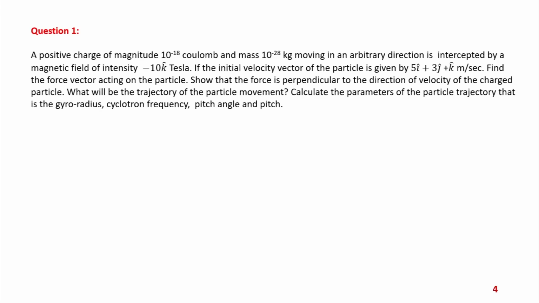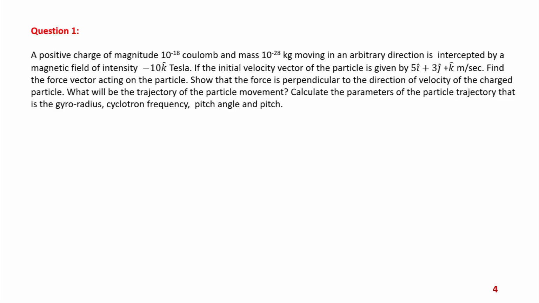The first topic, if you remember, that we started with is the motion of a charged particle in a uniform magnetic field. As you know, whenever a charge is moving in an arbitrary direction and enters a uniform magnetic field, then this particle starts gyrating.